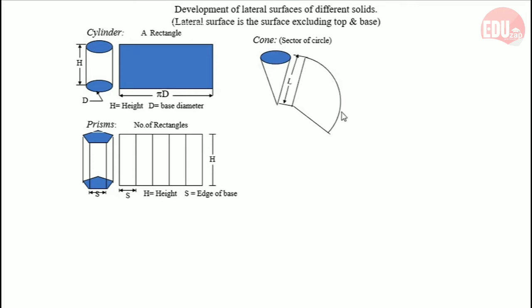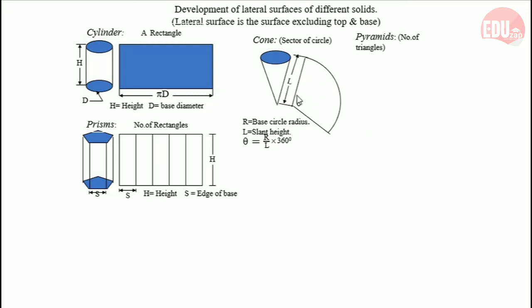And this arc length will give pi d, where d is the diameter of the base circle of the cone. But it is difficult to draw this with pi d here and L.